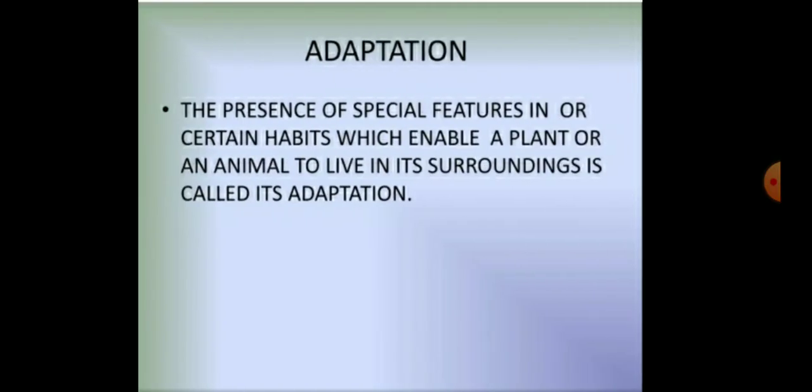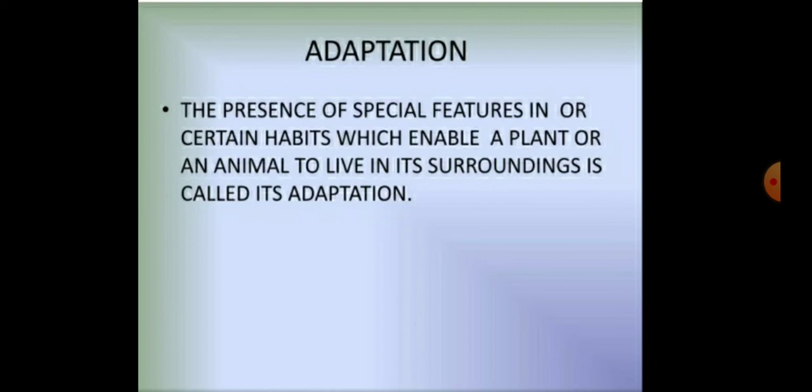So, children, there are two types of habitat: aquatic habitats and terrestrial habitats. Adaptation means the presence of special features or certain habits which enable a plant or an animal to live in its surroundings.